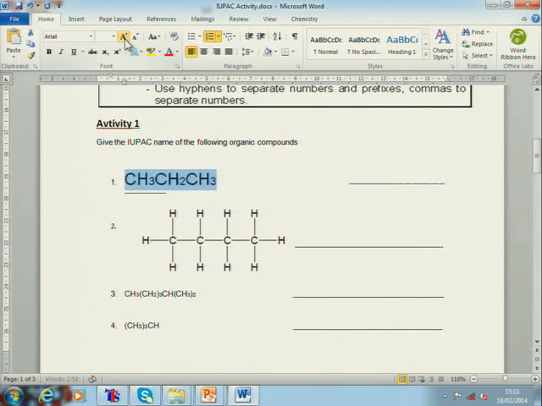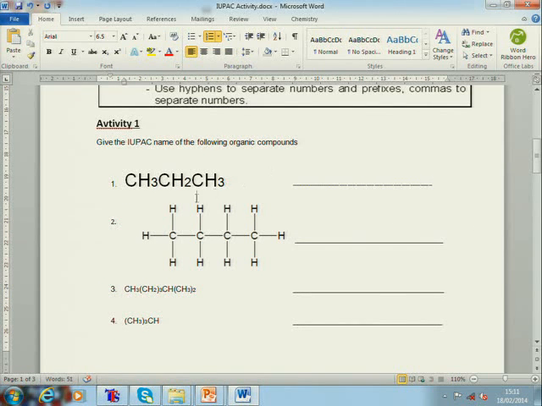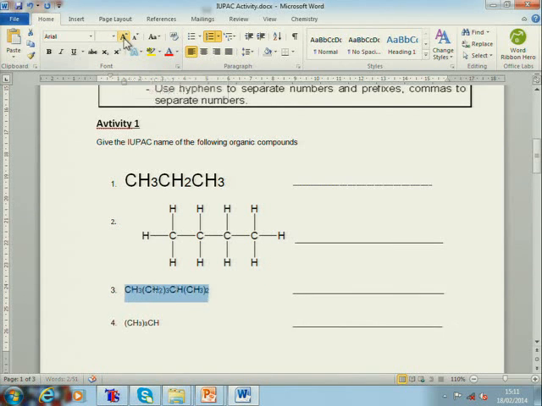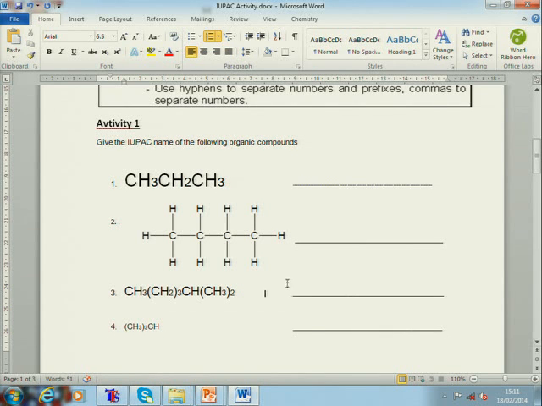The condensed formula, you must write the name of this compound. And then the second one, you've got the structure that you must also write the name. Number 3, you have the condensed formula, and then you have also to write the name of this one. This also is a condensed formula that you must also write the name of the compound.